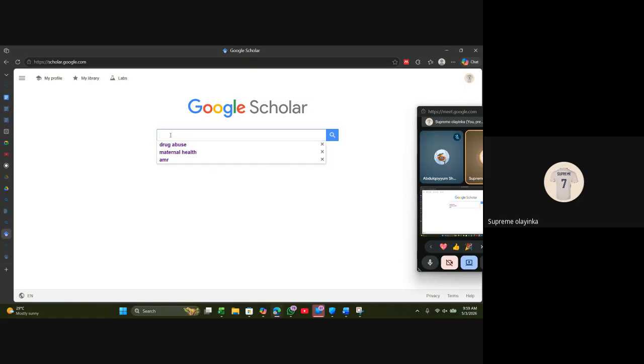Okay, let me just paste it there. So we have progression of healthcare system in West Africa. Now, this particular topic I'm searching will be giving me something about healthcare system in West Africa. So I'll just click on search.